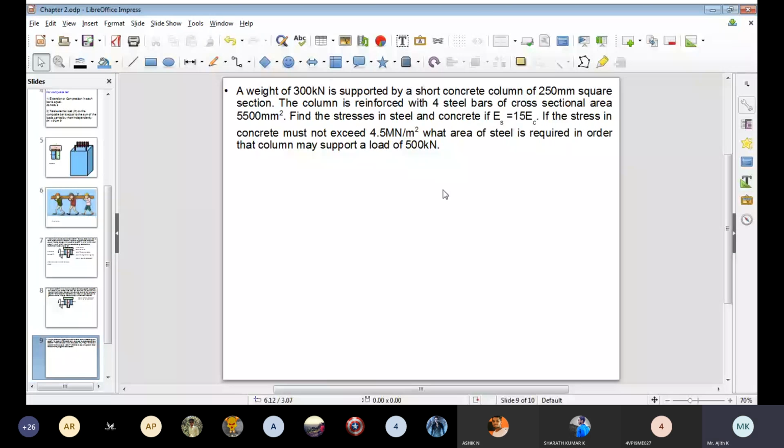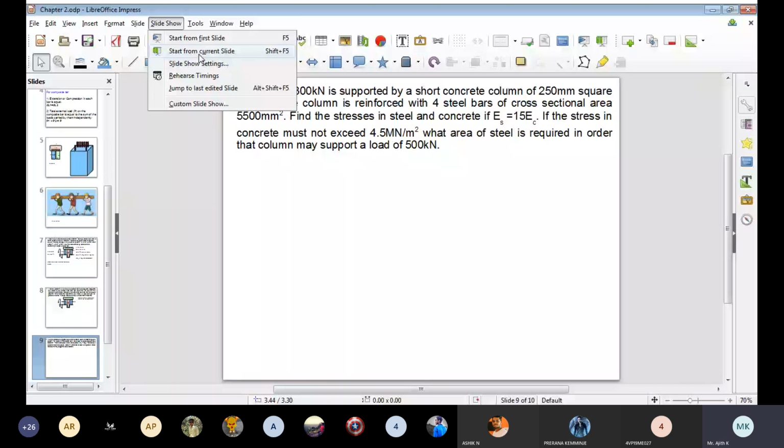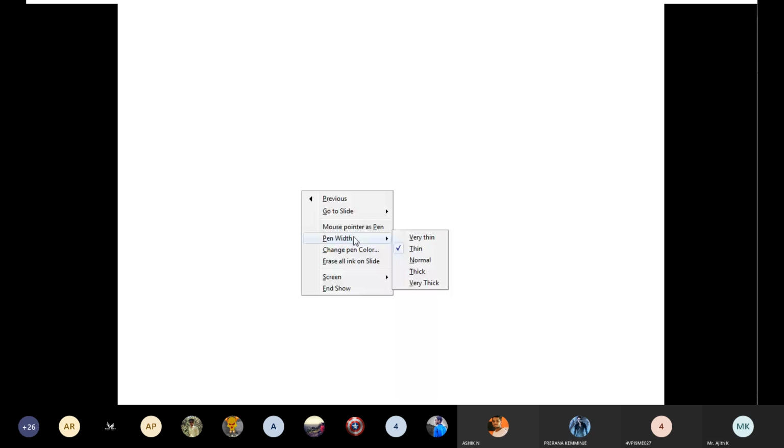Hope you have taken that. Should we not take the mega there, 4.5 mega Newton per meter square? Actually, you should convert this to Newton per mm square.